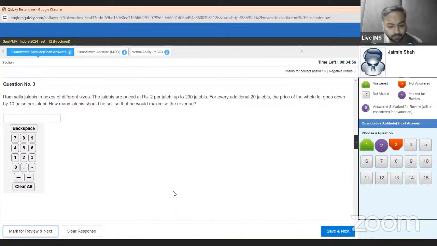Ram sells jalebis. The jalebis are priced at rupees 2 per jalebi up to 200. For every additional 20 jalebis, the price of the whole lot goes down by 10 paisa. So instead of 2, it will be 1.9 and so on. How many jalebis should he sell so that he would maximize the revenue?